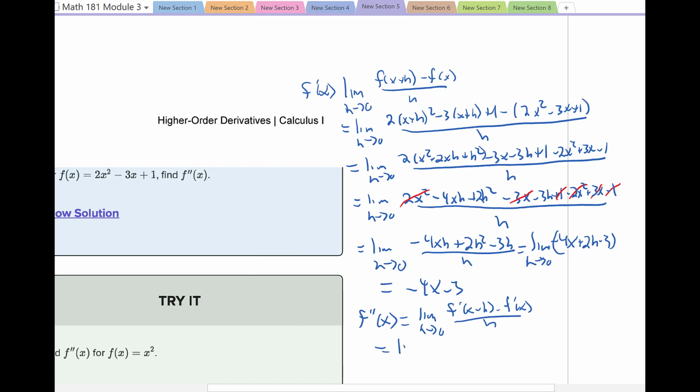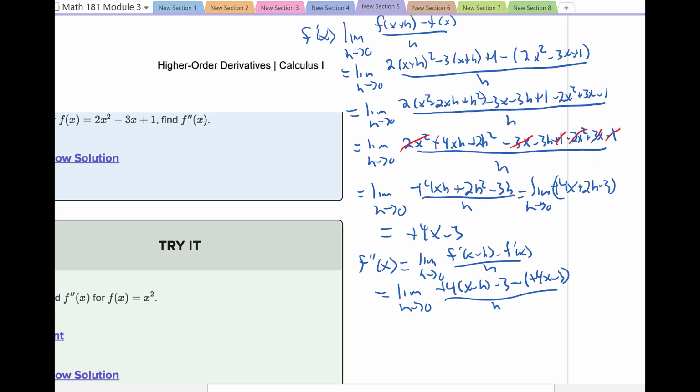So we'll be looking at the limit as h goes to 0 of 4 times x plus h minus 3 minus the quantity 4x minus 3. I don't think it's a negative 4, is it? That should have been a plus. I picked up a negative along the way. Okay. All over h.